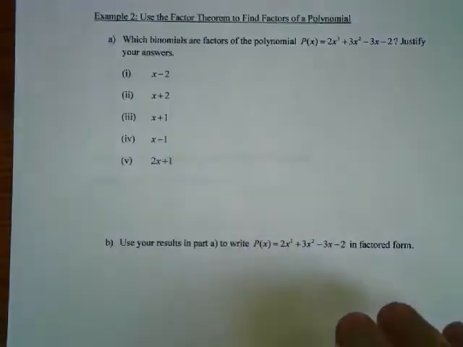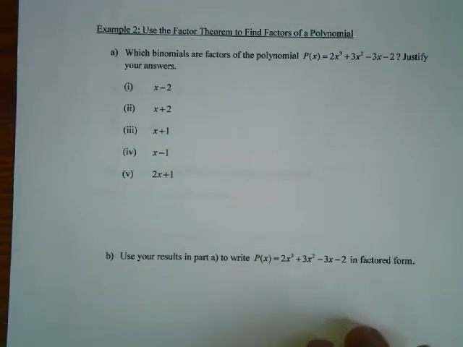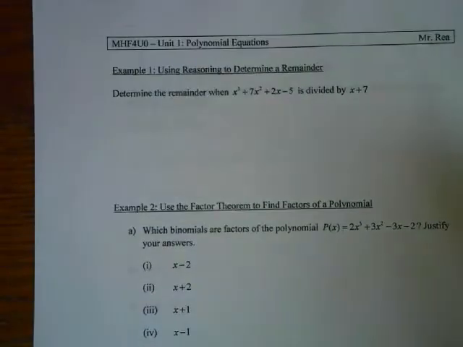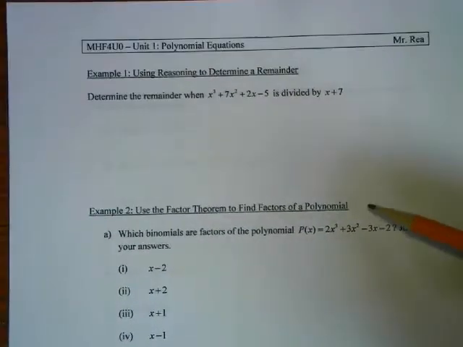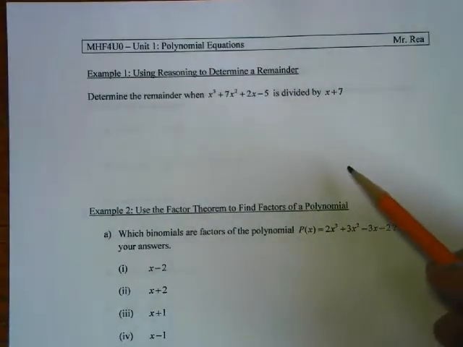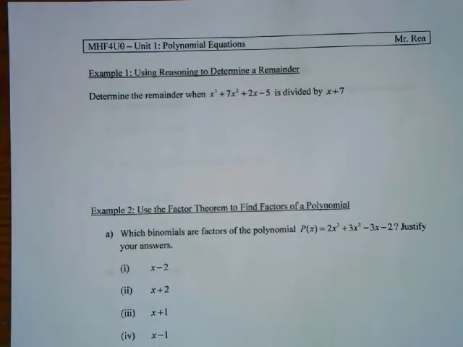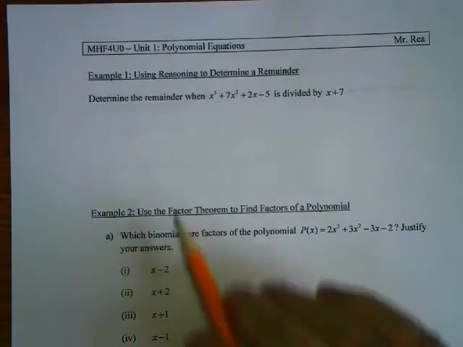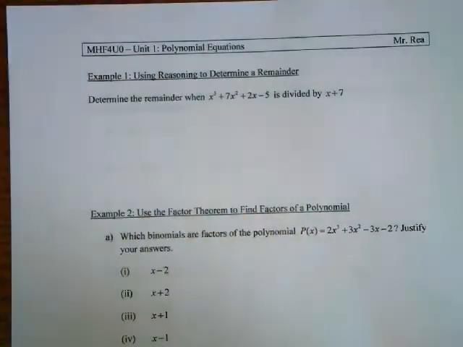Okay, so let's start off with some examples. The first one says, determine the remainder when x cubed plus 7x squared plus 2x minus 5 is divided by x plus 7. So this is where we would actually use the remainder theorem.